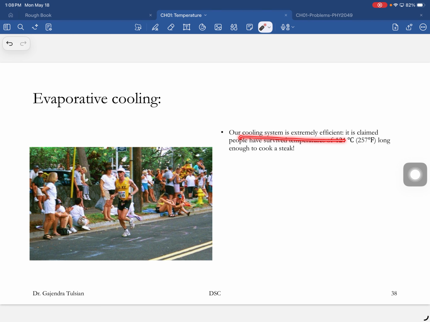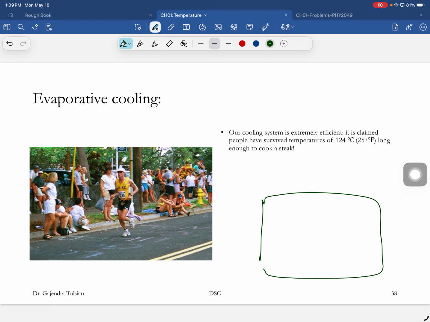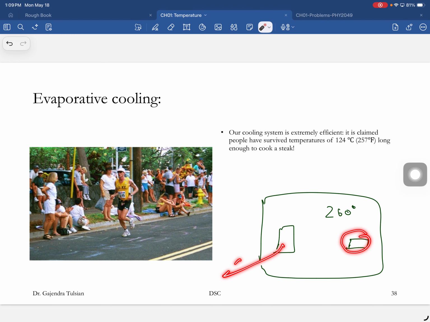Here, this fellow is getting heat via conduction. This person is getting heat via convection. Convection is when the air is warmed up and gets less dense, it rises up, and the warm air transfers heat in. So that's convective heat transfer. And there's radiative heat transfer.